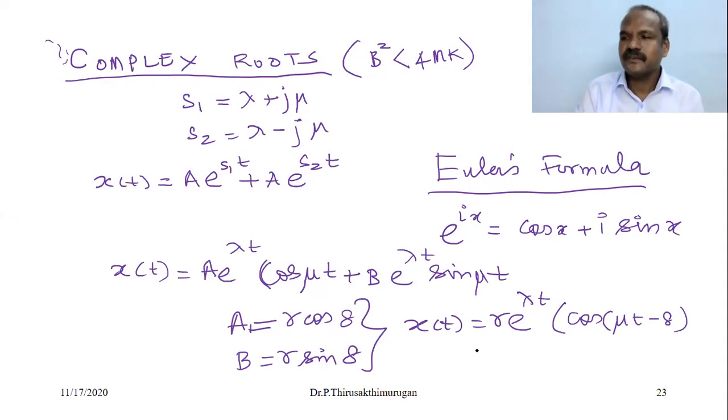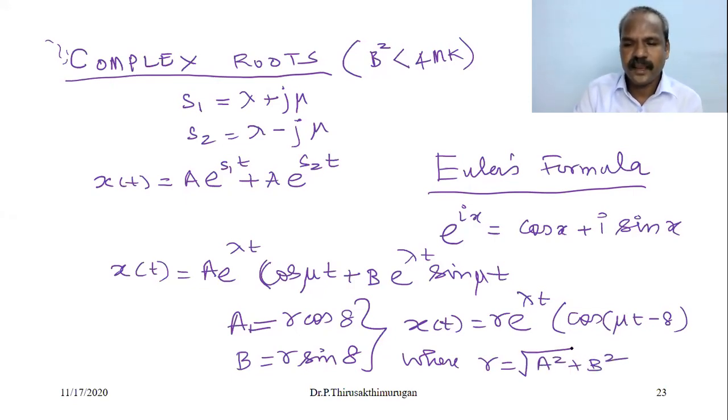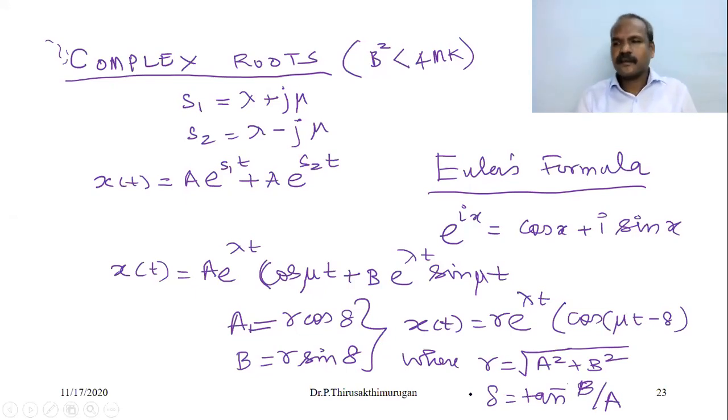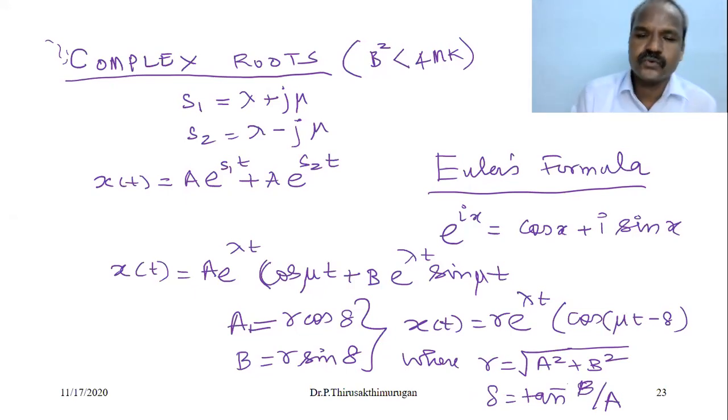So this is the solution of the equation, where r is equal to the square root of the constants a square plus b square, and delta equal to tan inverse of b by a. So this is the complex root solution.